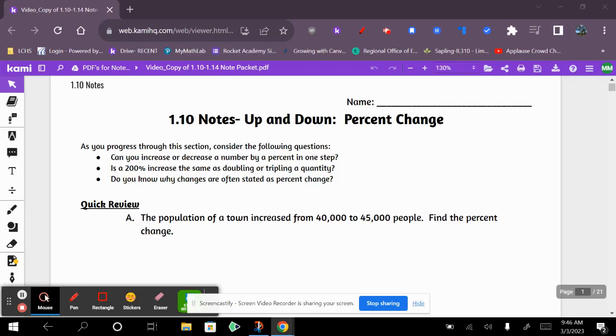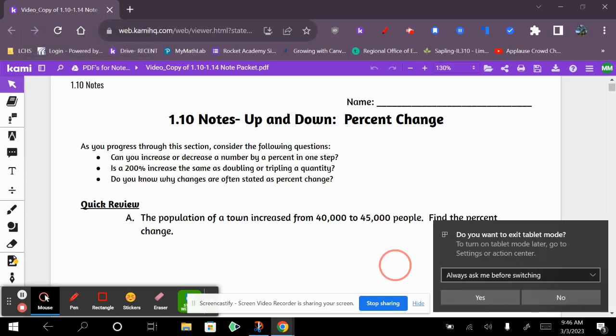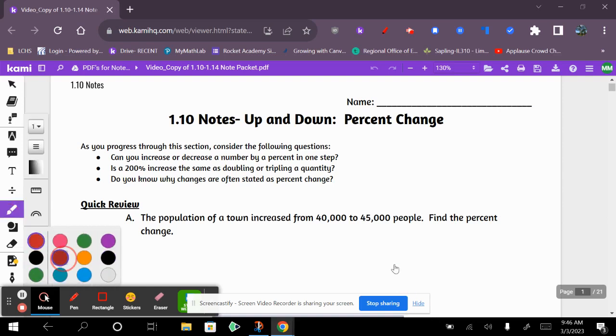Hi everyone, today we're going to be looking at section 1.10, which is looking at percent change. The first thing that I want to go over is when you will be using a formula that is called the percent change formula.